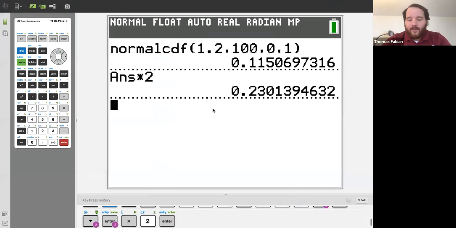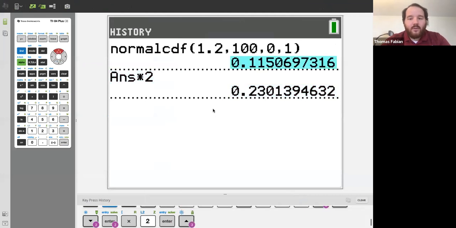So you're finding your normal CDF based off of the right side of the curve, going from a z-score of 1.2 to infinity, and then just treat it as a standard normal curve between 0 and 1, and then we multiply it by 2 to get both sides.